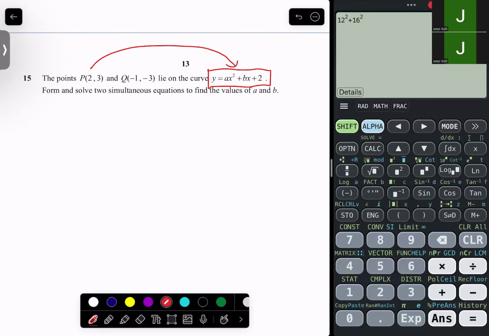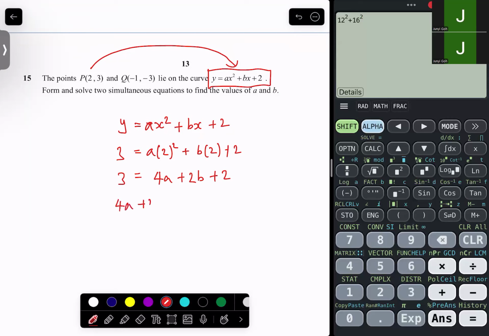This point fits in the equation, so I must sub it in. y equals ax squared plus bx plus 2. 3 equals a times 2 squared plus b times 2 plus 2. So then I will have 4a plus 2b plus 2 equals 3. Bring the number over: 4a plus 2b equals 1.